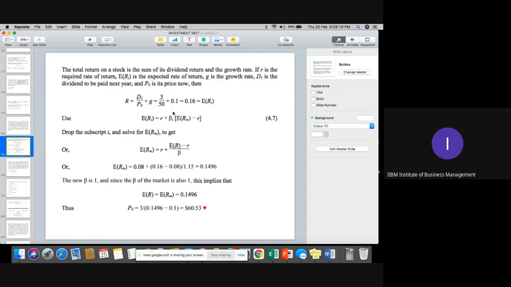Now, after that, we have ER available, R available, beta available. We need to calculate ERM. So we can definitely calculate. So ERM should be 14.96%.